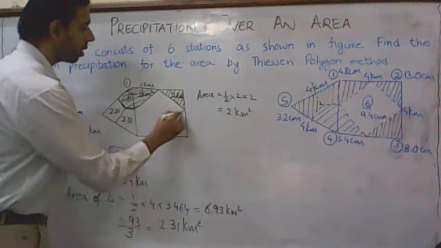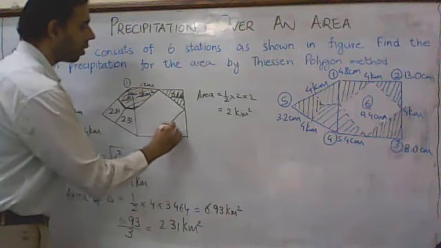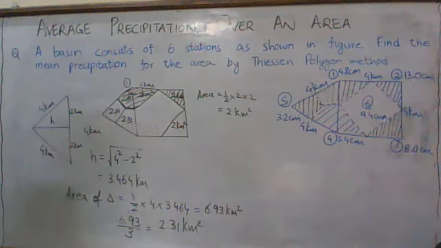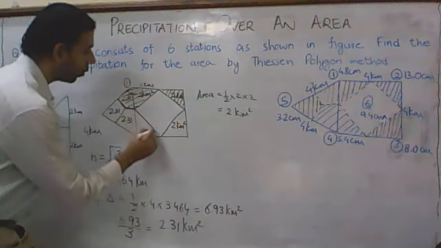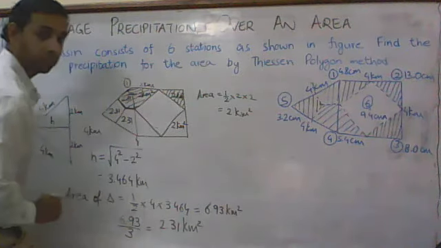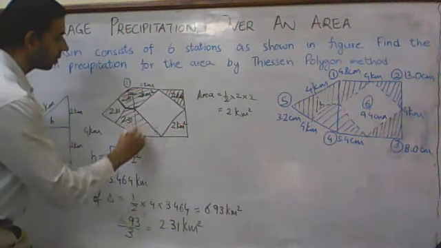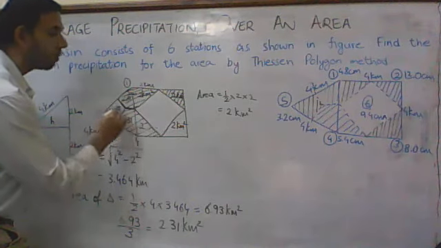Now, the area for station 3 will also be 2 square kilometer. Now, the area for station 4. This is station 4, the influence area is given by this. So here this area is 2.31 and this area is 2. So the total influence area will be how much?